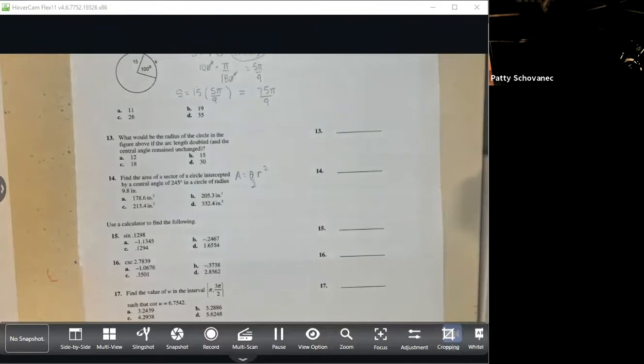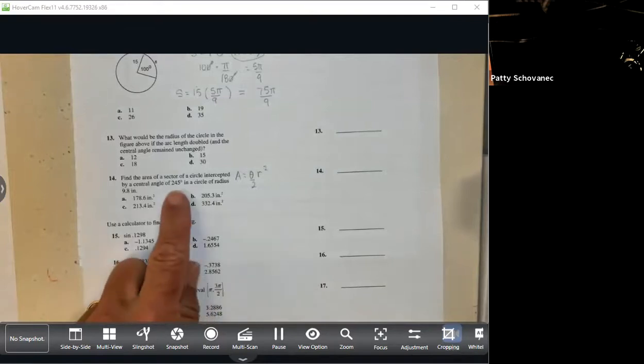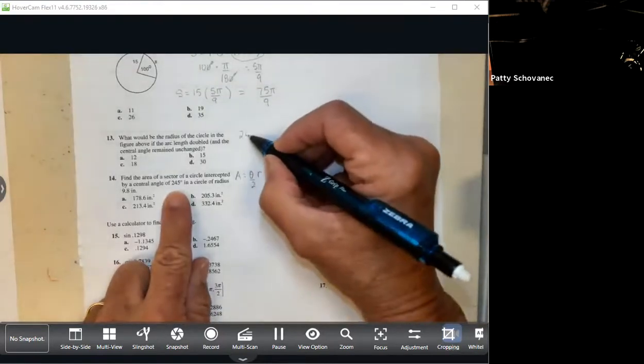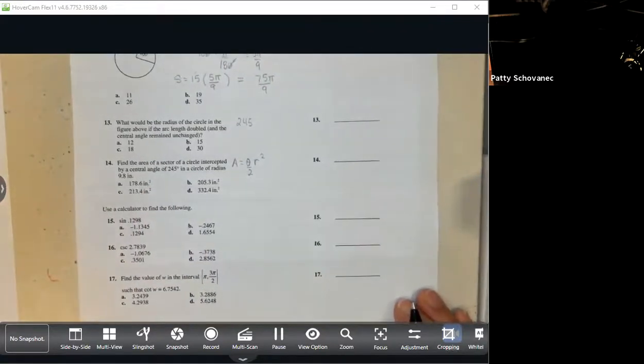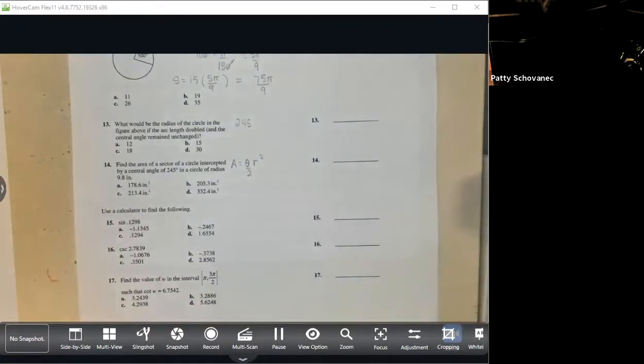So we have to quickly convert 245 degrees to radians. No, there's not a pi, because this formula comes from taking our pi r squared and our theta over 2 pi, and the pi's cancel.